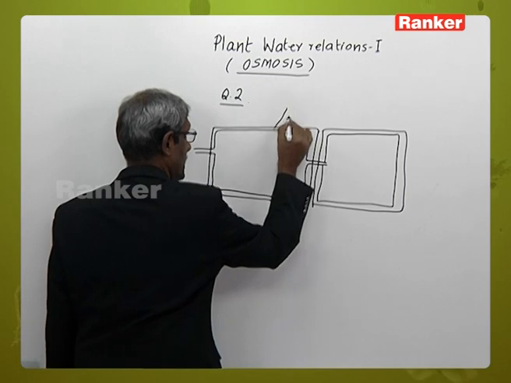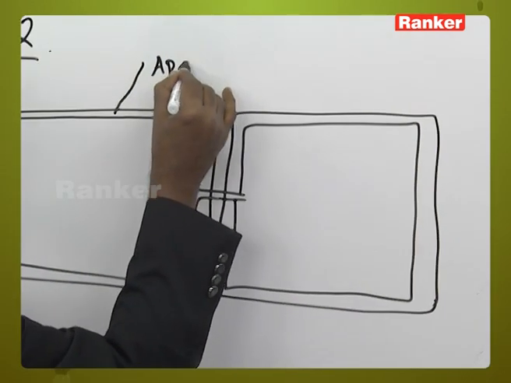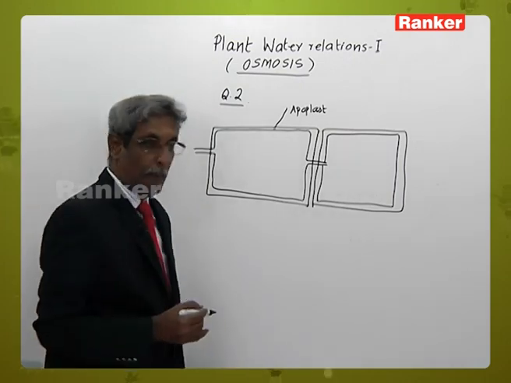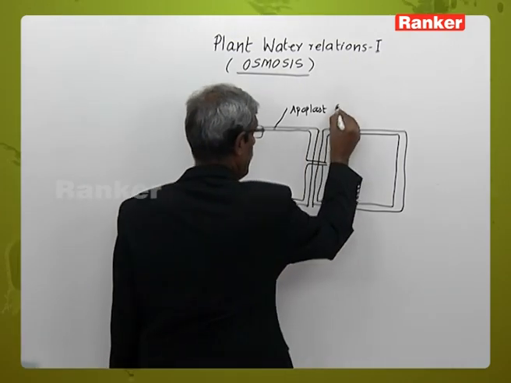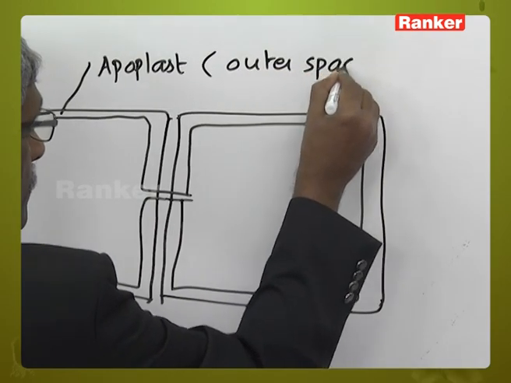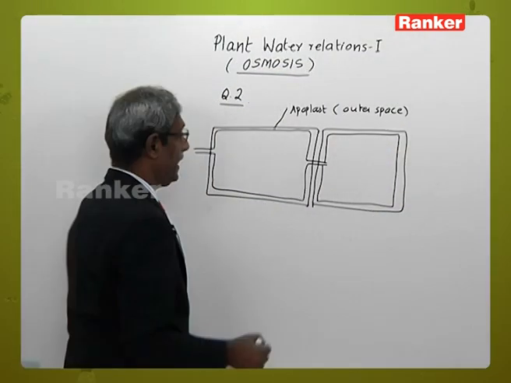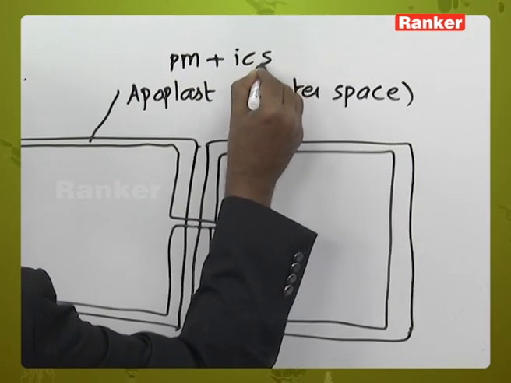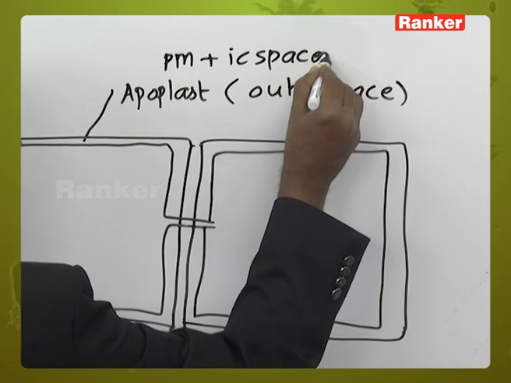This space is termed as apoplast. The apoplast is made up of the outer space. It includes the plasma membrane, intercellular spaces plus vacuoles.